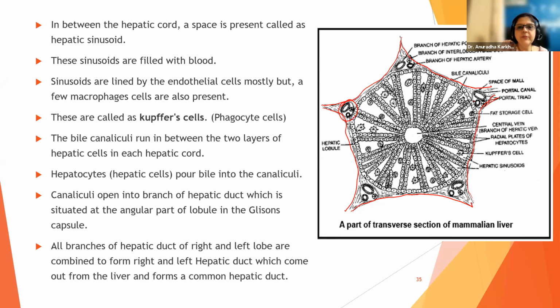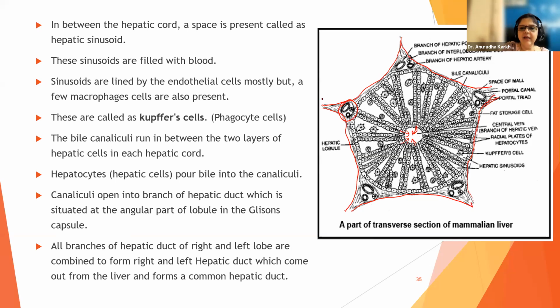Open spaces, they are open spaces. They are going to be connecting over here. They'll open like here. So here they are saying that canaliculi open into the branch of hepatic duct, which is situated at the angular part.